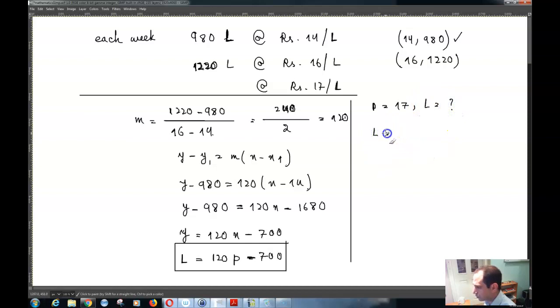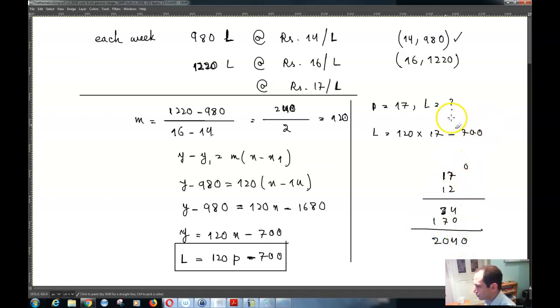So your L is equal to 120 times 17 minus 700, and that is 17 times 12, and a 0 over there, so you have 2040.